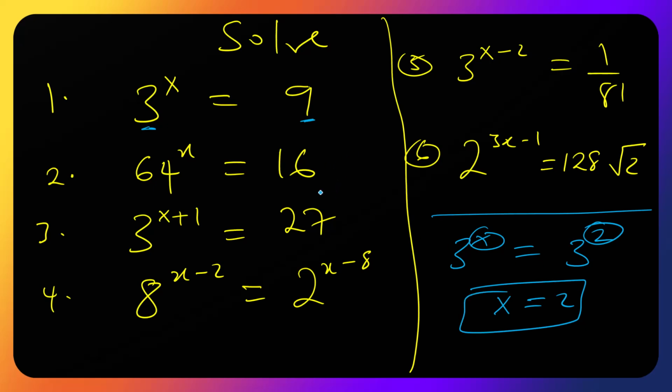Okay. Now let's observe this. 64 and then 16. Now 64 can be 4 to the power of 3, and 16 can also be 4 squared. Or if you want to use 2, you can do that.